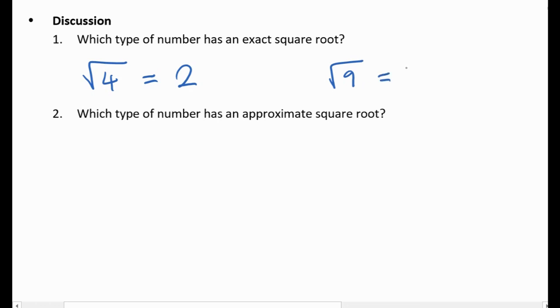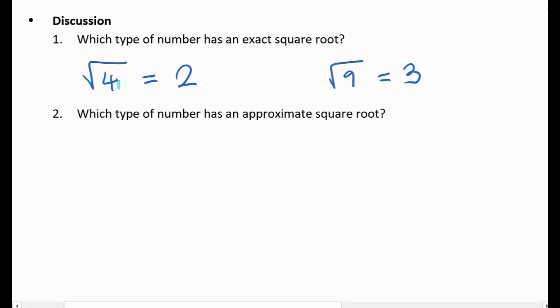You have an exact number 3. But square root of 5, this is about 2 point something, but root 5 is closer to root 4. So I'm gonna say it's not an exact number. It's about 2.2. So this is not very accurate. This is just an estimate. Okay? So exact square root.